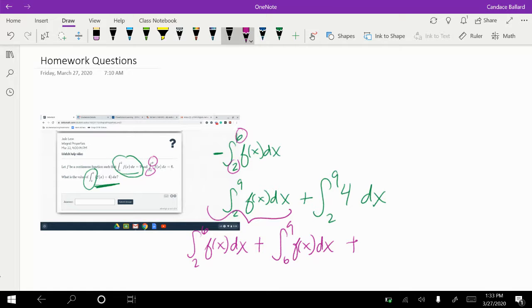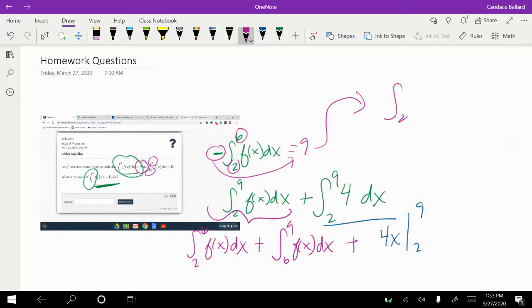plus, and then we've got this part back here. When I integrate that, I get 4x from 2 to 9. The only other little catch that I kind of missed here is that we know that this is equal to 9, so I've got to take that negative and put it to the other side. So that means the integral from 2 to 6 of f of x dx is equal to negative 9.